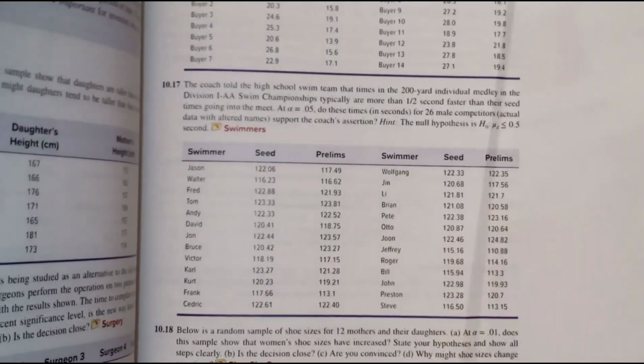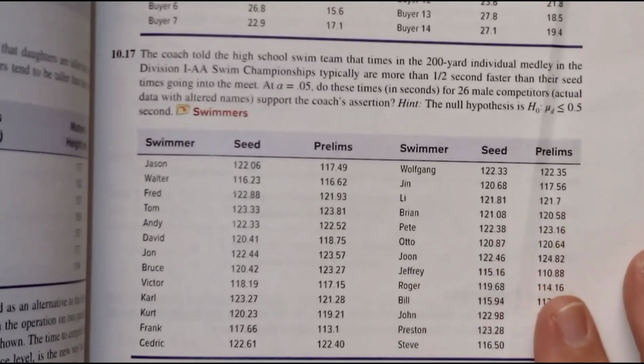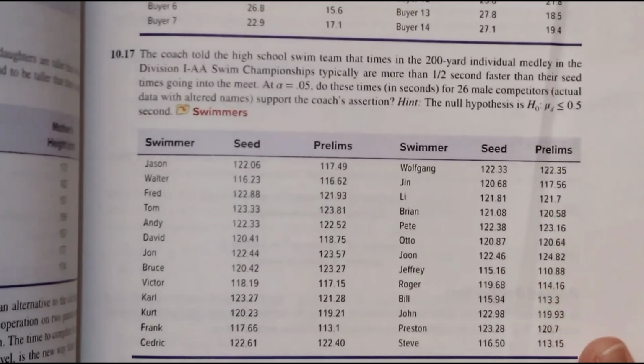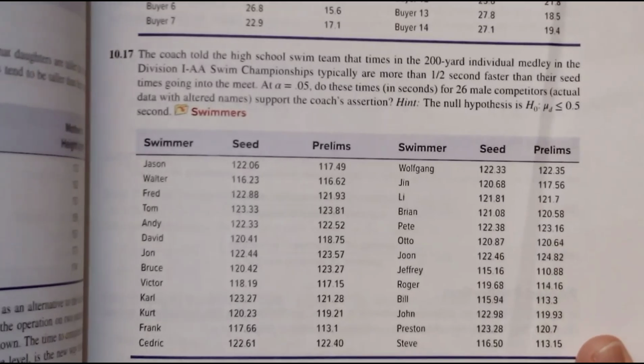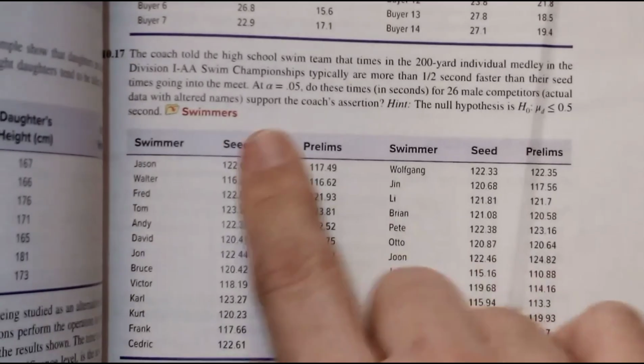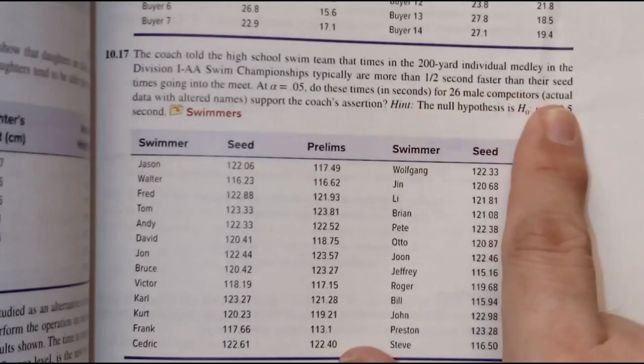Problem 17. Coach told the swim team that times in 200-yard individual medley in the championships are typically more than ½ second faster than seed times going into the meet. In other words, when you get to the championships, you perform better. And his claim is by more than ½ second.